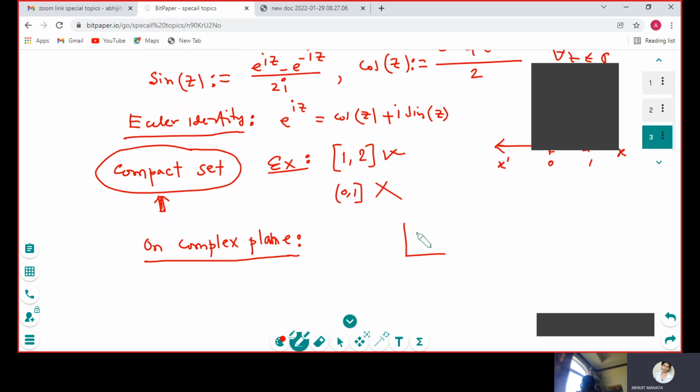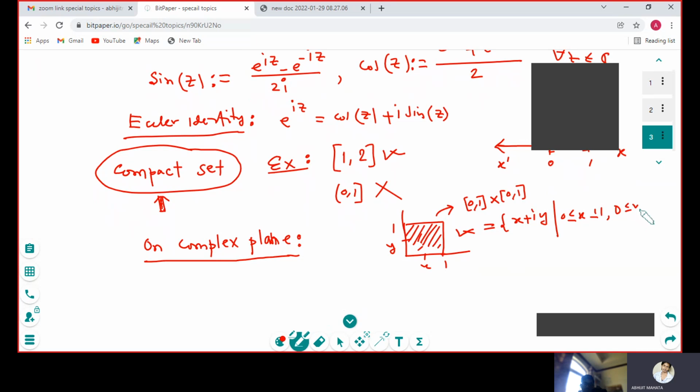On the complex plane, if you take any square, the interior part and also the boundary, it is compact. For example, let's say this is 1 unit and this is 1 unit. As a set, it will be 0, 1 cross 0, 1. Or as a complex subset, it is all complex numbers x plus iy, where x is the real part and y is the imaginary part, x between 0 and 1 and y between 0 and 1.